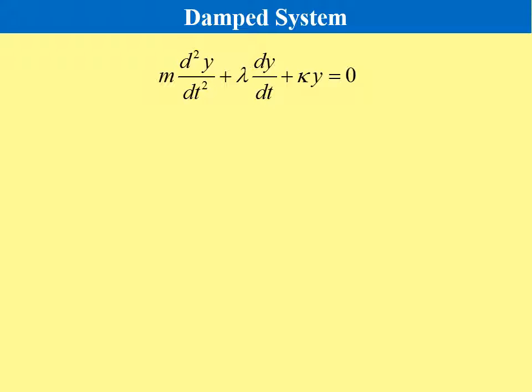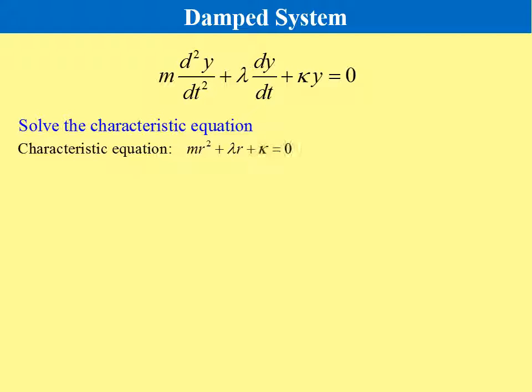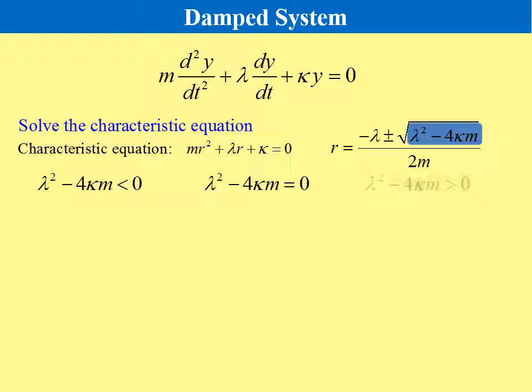Now, damped systems are primarily important just in the knowledge that it is a damped system and what sort of damped system it is. Now, if we solve this equation, you notice from the characteristic equation we end up with this. Now, the quantity lambda squared minus 4 kappa m is of special significance because that gives rise to these three situations.